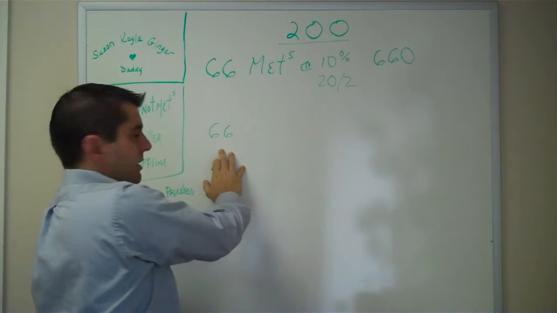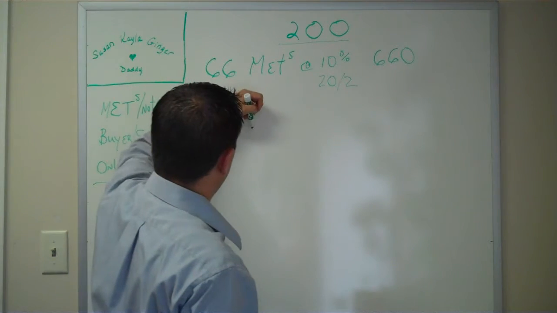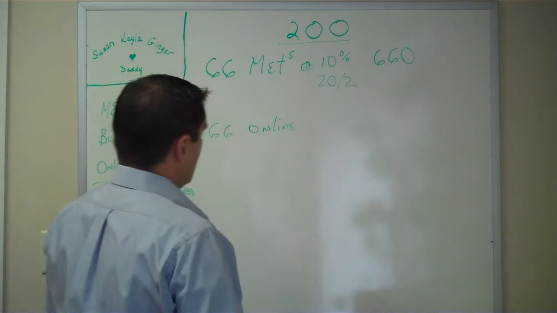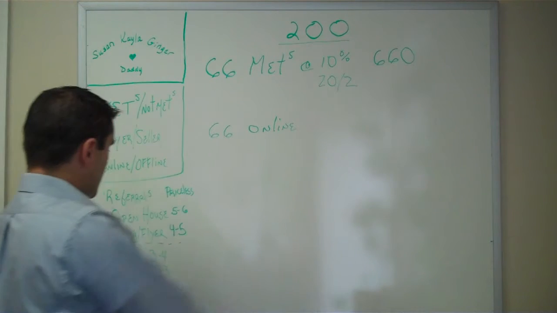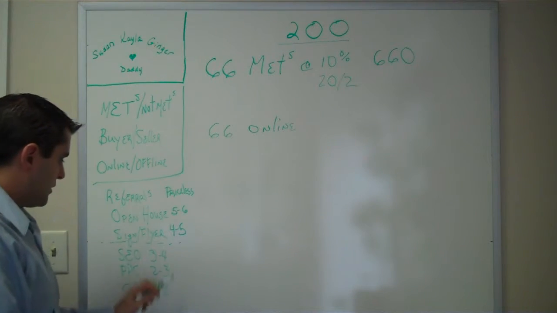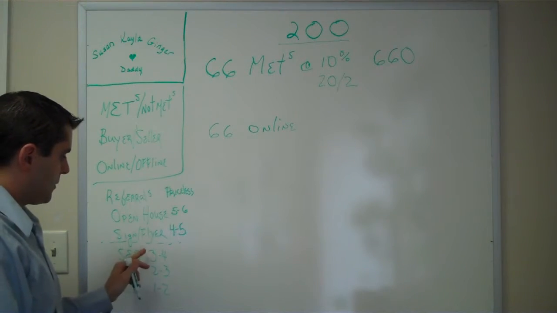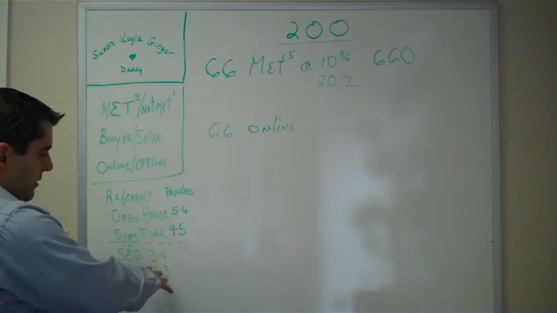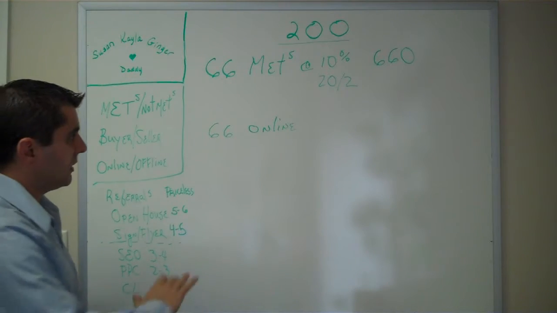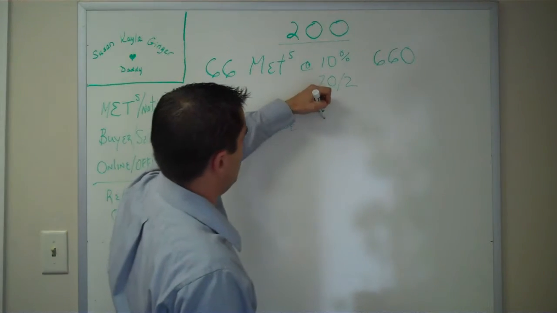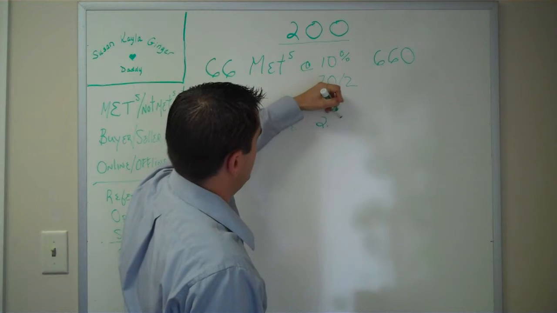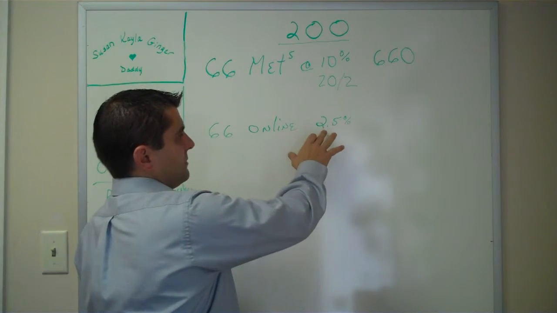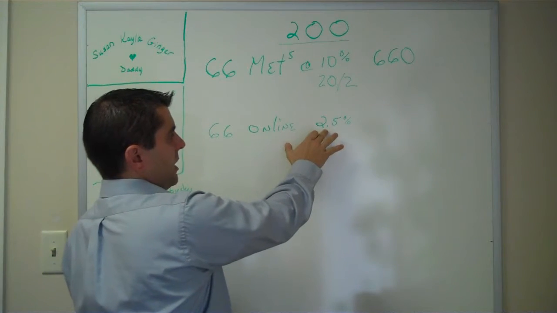And in the same way with the 66 online closings, if you look at the online conversion ratios over here, 1 to 2, 2 to 3, and 3 to 4, this averages out to be about 2.5%. So your online leads are at a 2.5% conversion ratio, which means to have 2.5 closings, you need 100 leads.